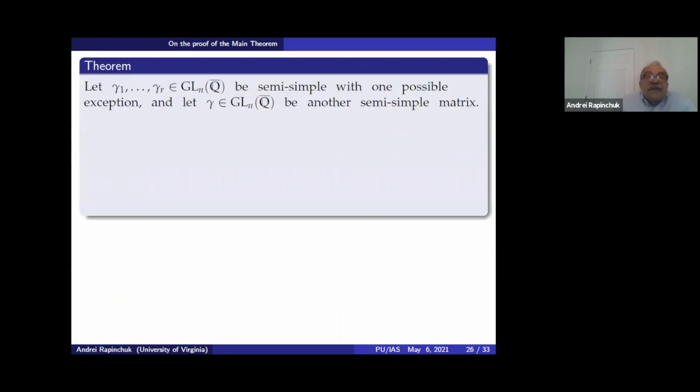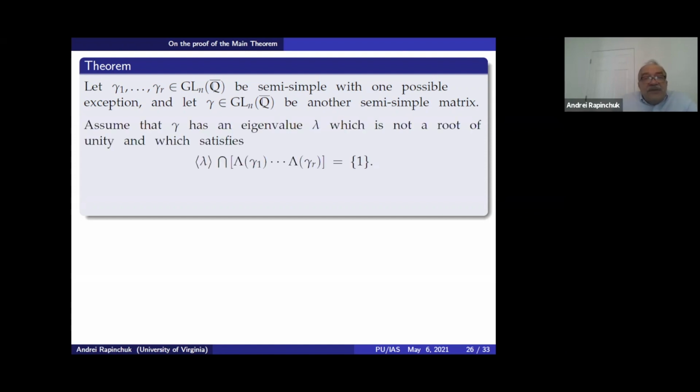So suppose we have a bunch of matrices in GL_n of Q bar. Now we want to assume that they are semisimple, but in fact we can allow one exception. So let's assume that we have a collection of matrices which are semisimple with one possible exception. And suppose gamma is another semisimple matrix. Now assume that gamma has an eigenvalue lambda, which is not a root of unity, and which satisfies the following condition.